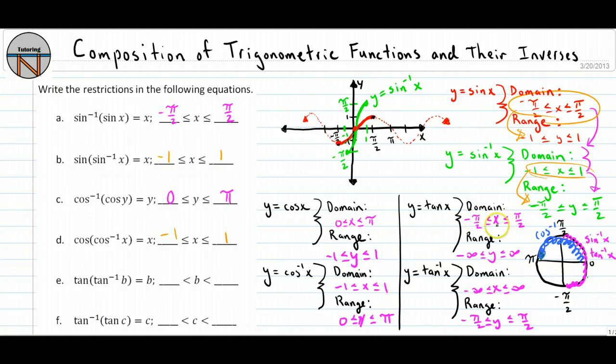Well, tangent, we know if we put in any kind of angle from -pi/2 to +pi/2, the output has to be from -infinity to +infinity. And if we're dealing with tangent inverse, well, tangent inverse takes values from -infinity to infinity and has outputs, okay, that are angles, right, from -pi/2 to +pi/2.